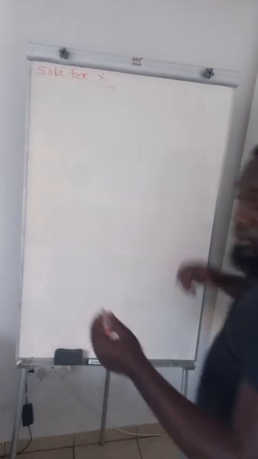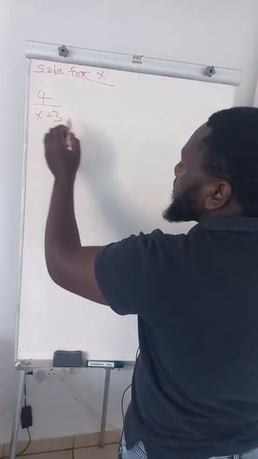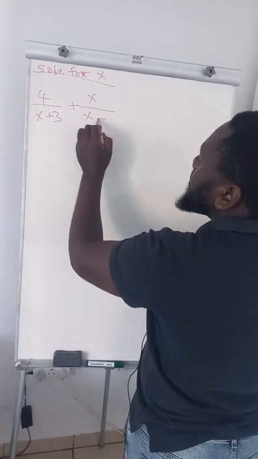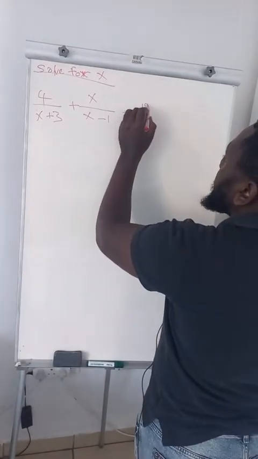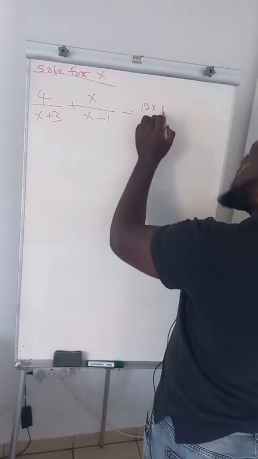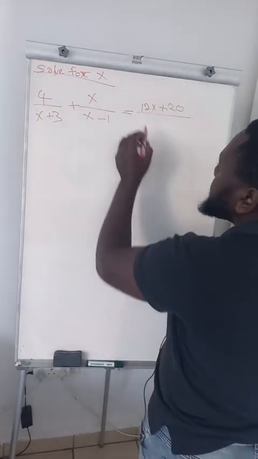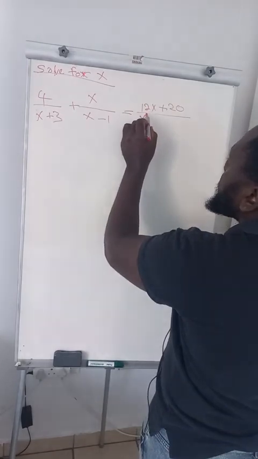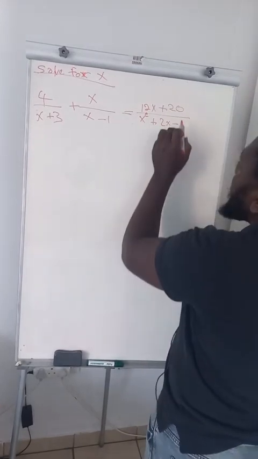So now you are having something like 4 over x plus 3, plus x divided by x minus 1, equals 12x plus 20, all divided by x squared plus 2x minus 3.